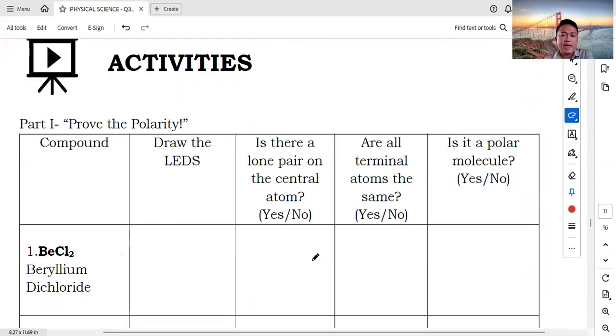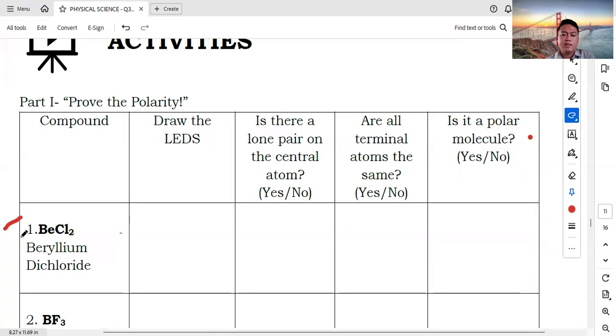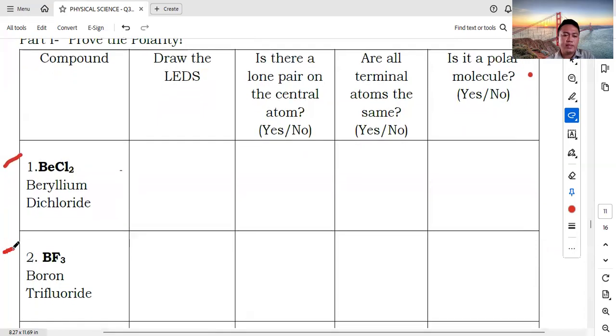This time, your task is to draw the Lewis structure, and identify if there is a lone pair on the central atom, yes or no. Are the terminal atoms the same, yes or no? Or is it a polar molecule, yes or no? So number 1, we have beryllium dichloride. Second is boron trifluoride.